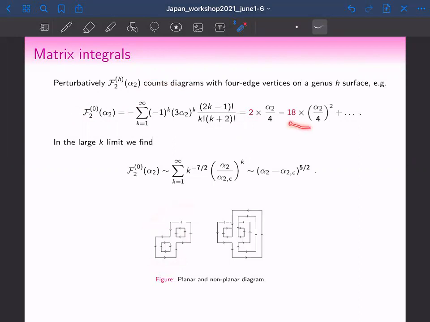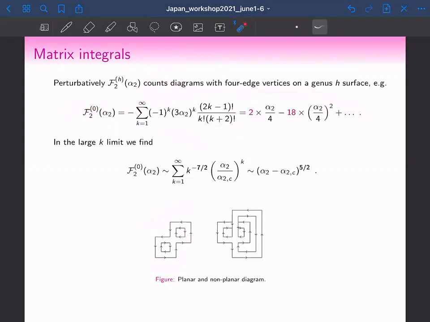And the 18 would indicate you have 18 diagrams with 2 vertices, and each of these emanates 4 edges. This, for example, would on the other side be a diagram that you draw on a torus. And most importantly, in all of this discussion, we are close to the origin because this is a perturbative expansion.